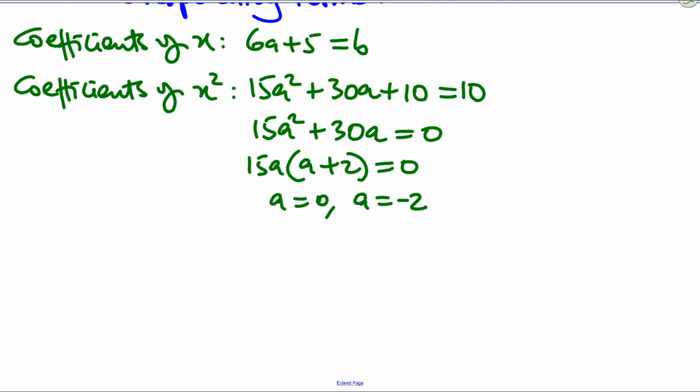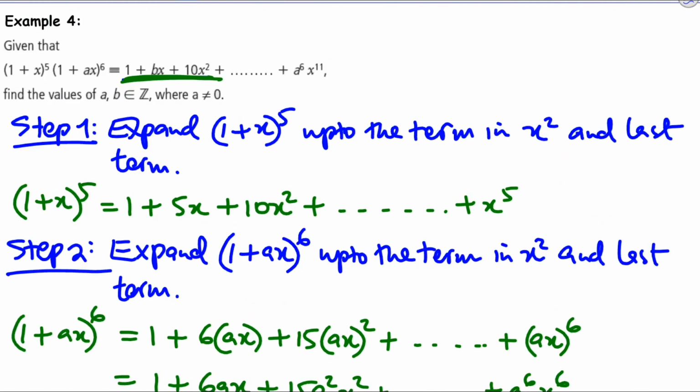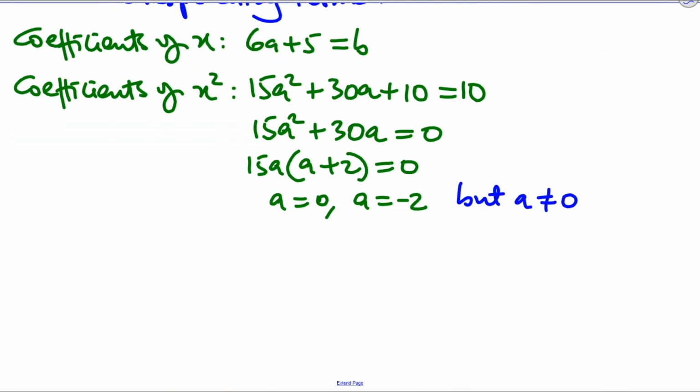But we know that a cannot be equal to 0, and this is from the condition in the question. a cannot be equal to 0, which means that the value of a is negative 2.